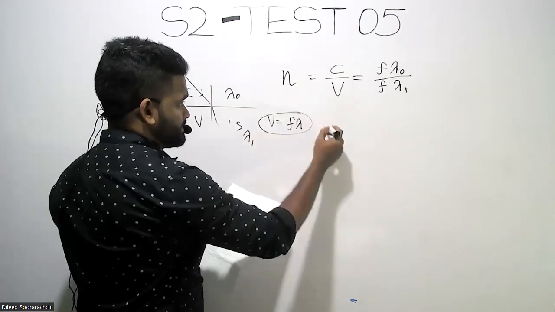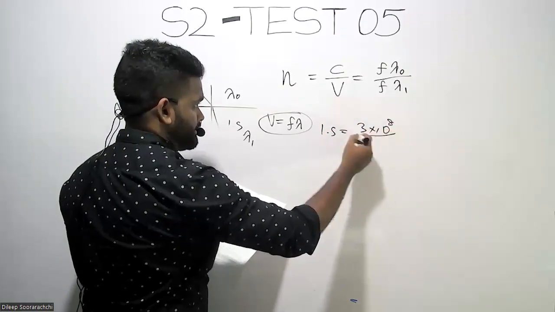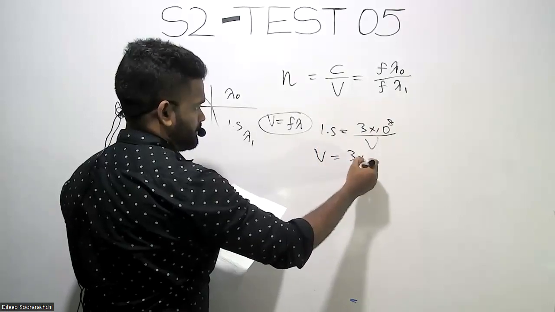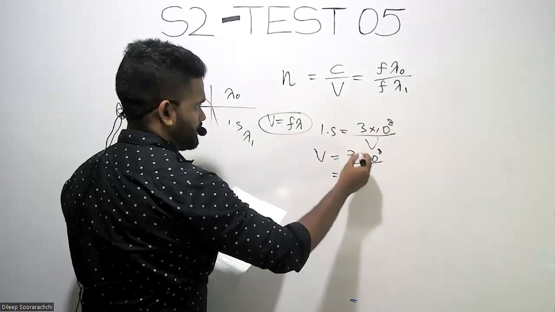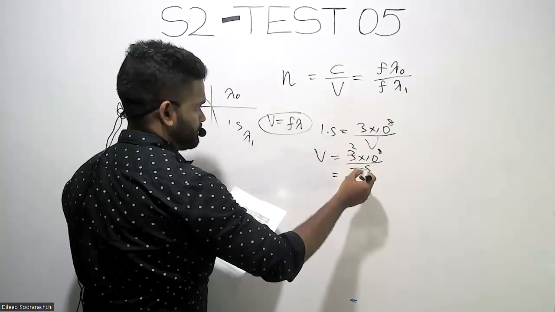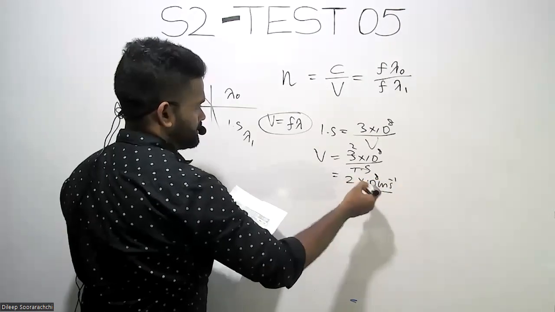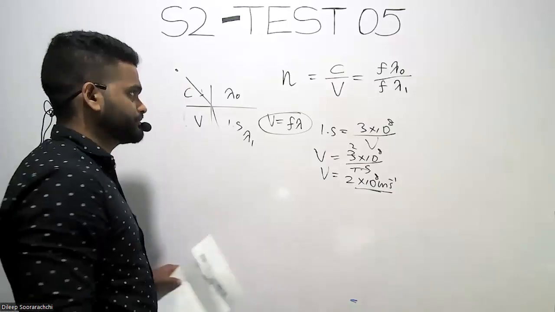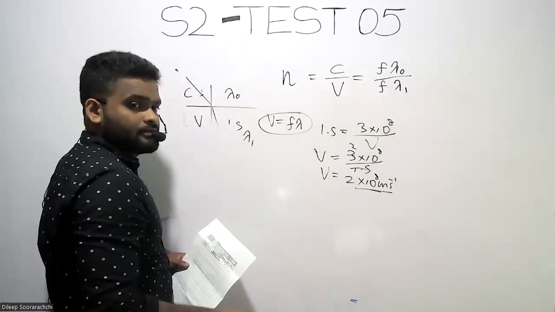So here n is 1.5, c is 3 times 10 to the power 8, v cross multiply. 3 divided by 1.5 means 2, so 2 times 10 to the power 8 meters per second. So this is the speed of the wave in the medium. Then we need the wavelength.